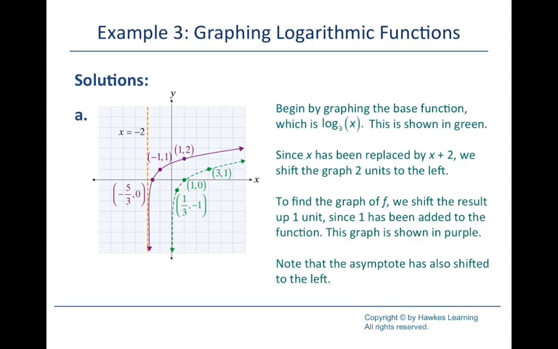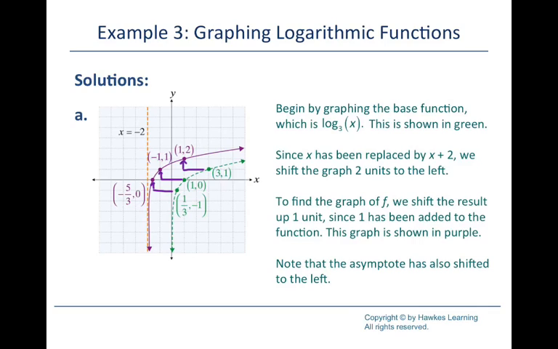Okay. The first one, we have shifted it. We see our base 3 graph in the green. Now we have the x plus 2 shifts it left 2 and then up 1. And so you can see that every point has gone left from our original graph, has moved over 2 spaces and up 1 space, over 2 spaces and up 1 space, and there's our new graph.